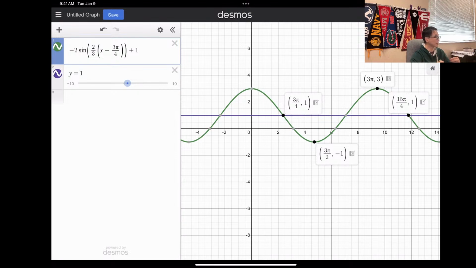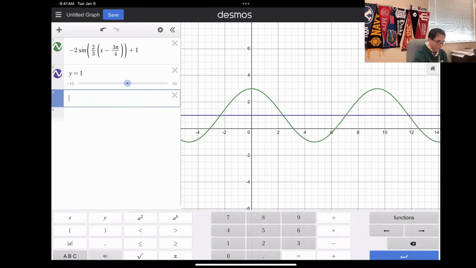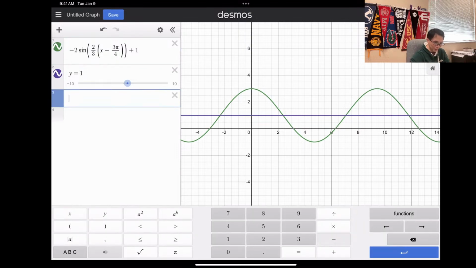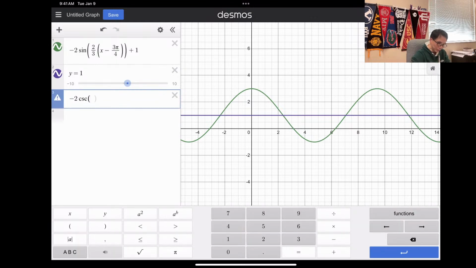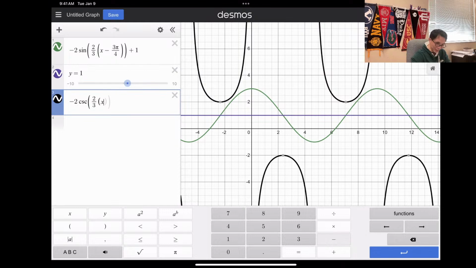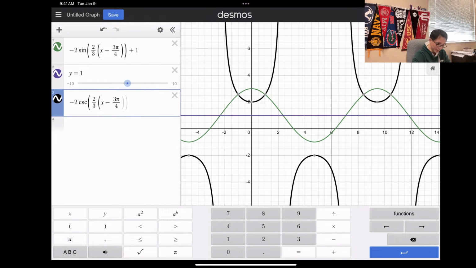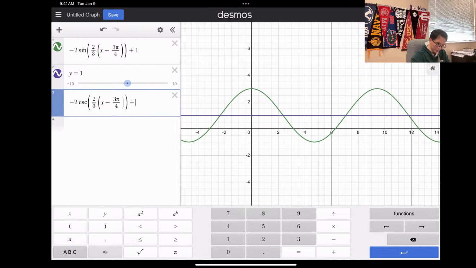Is that okay? Now I'm going to do the same thing. Let's find out what the graph of cosecant is. So -2 cosecant of 2/3 (x minus 3 pi over 4) plus 1.